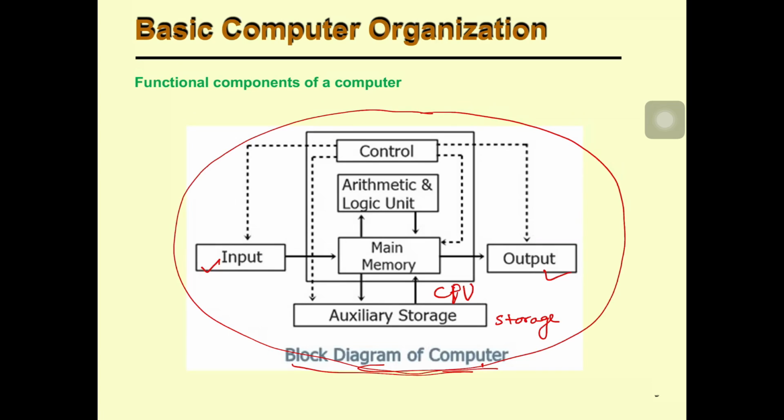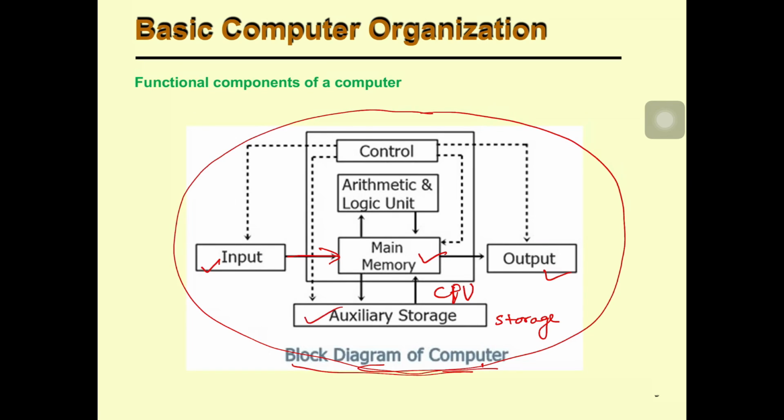So for processing, we have to provide the input to the computer via any of the input devices. Okay. This input reaches the main memory. Okay. It is the part of the storage device. Okay. Main memory and the secondary memory. It is known as main memory or the primary memory, and auxiliary memory is also known as the secondary storage or secondary memory. Okay. The input reaches the main memory.